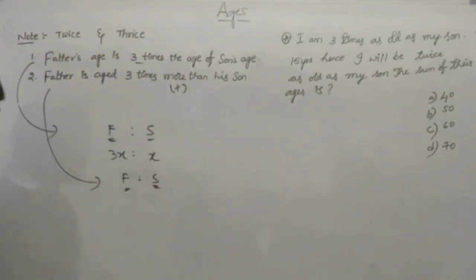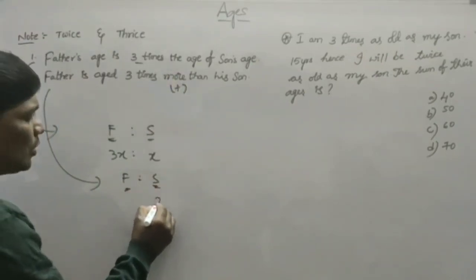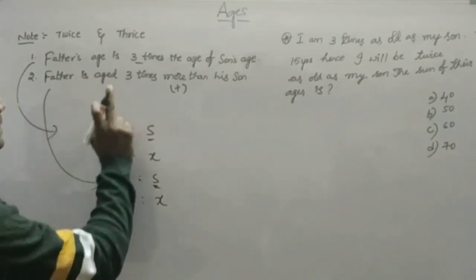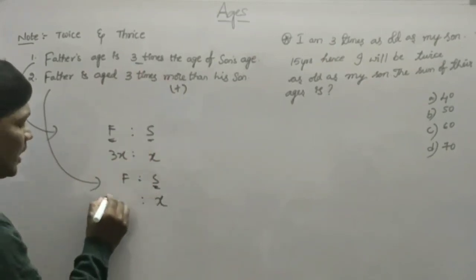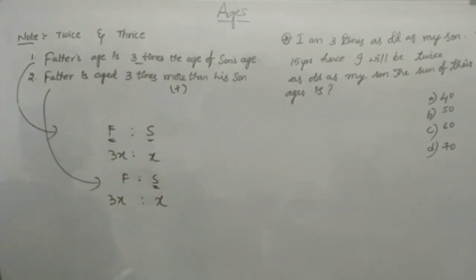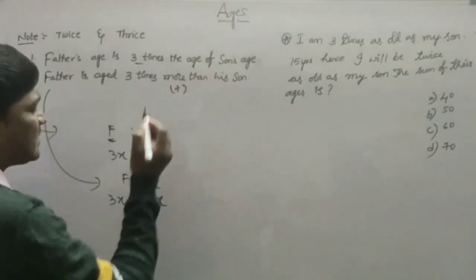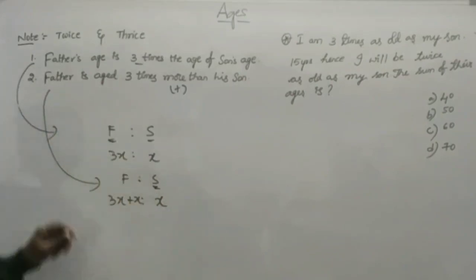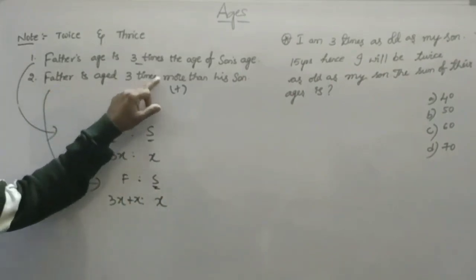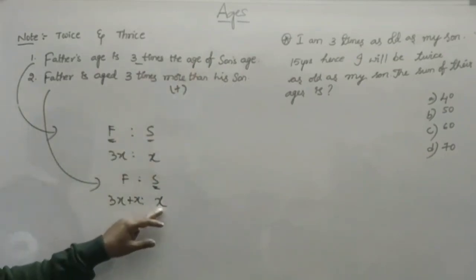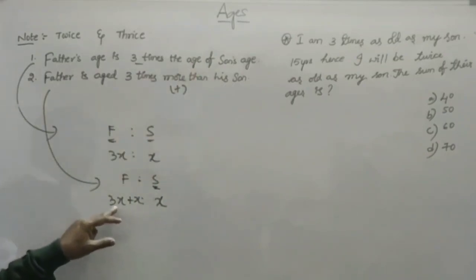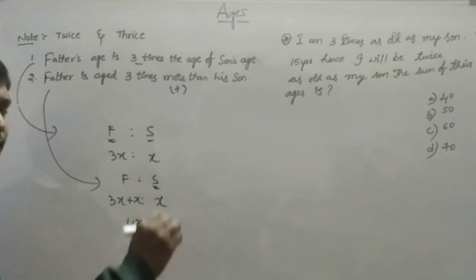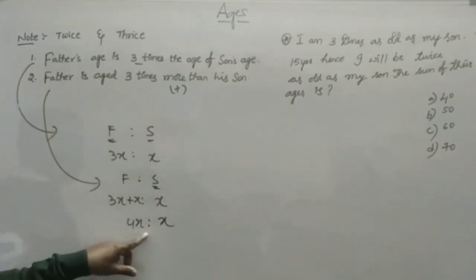Son's age we don't know, so let's take x. Father's age is 3 times, which means x into 3, 3x. 3 times more than his son, so more means adding his son's age, which is x. Then 3x plus x is 4x. The second point means 4x is to x.